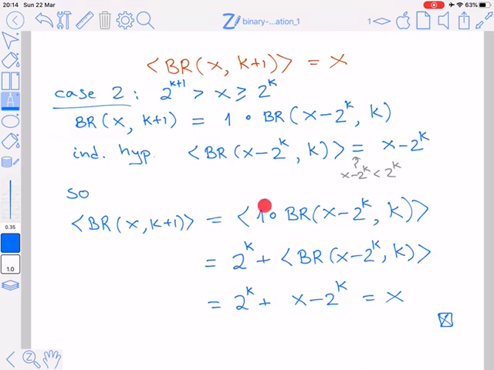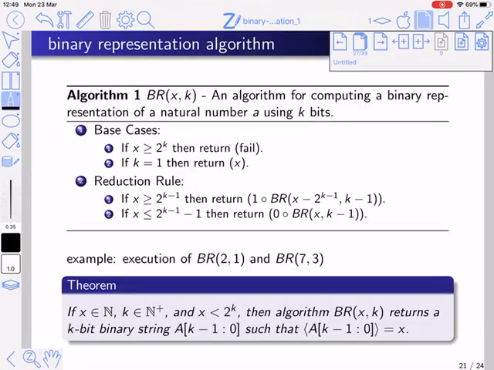So this one has weight 2 to the k, and we take the remaining string and look at what is the number that it represents. Well, the remaining string, by the induction hypothesis, represents x minus 2 to the k. So we copy the 2 to the k, and the number which is represented by the recursive call is x minus 2 to the k. The 2 to the k cancel out, and we're left with x, and that completes the proof.